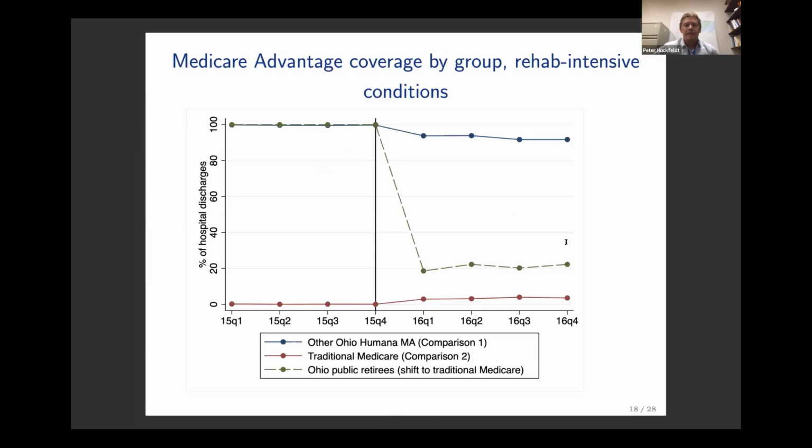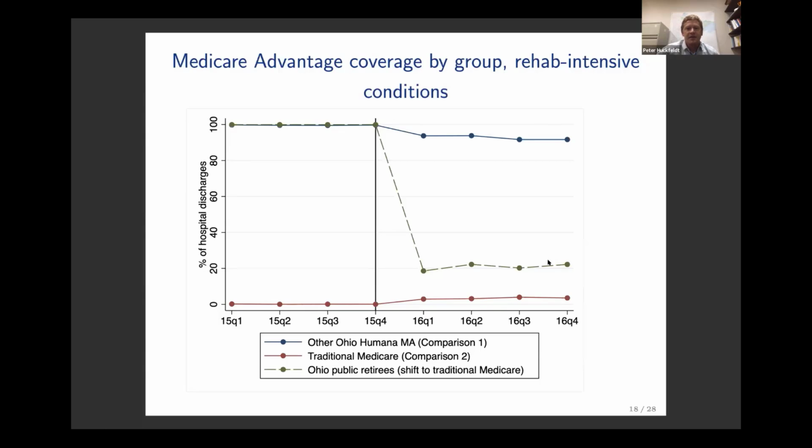So this is a graphical display of our first stage. And what you're seeing is similar to the other graph I showed. The first comparison group is the blue line: hospitalizations before and after the change in public retiree benefits were mostly covered by Medicare Advantage.